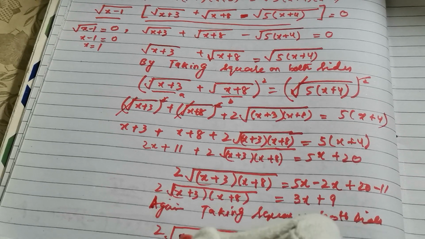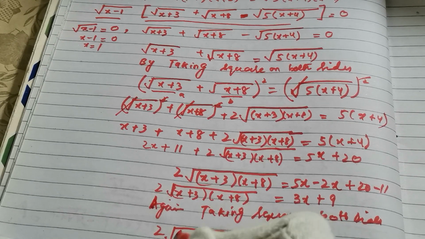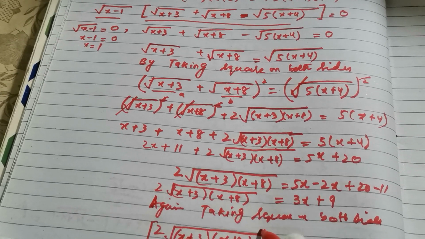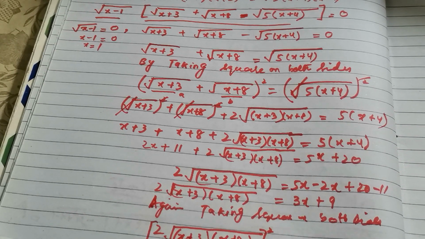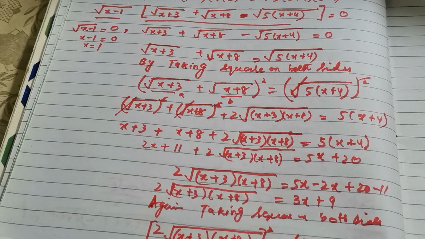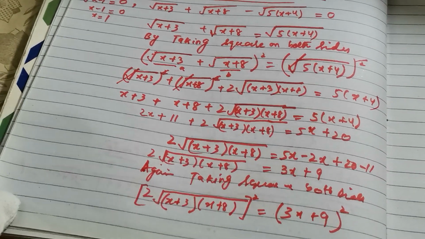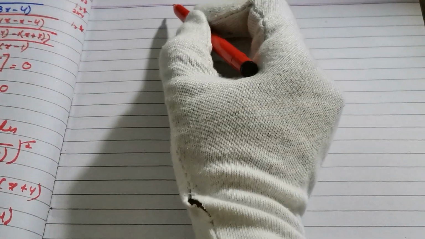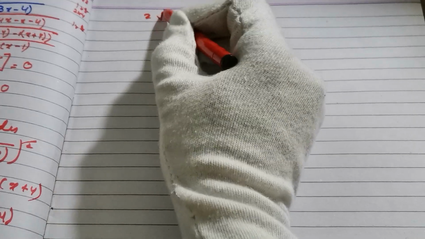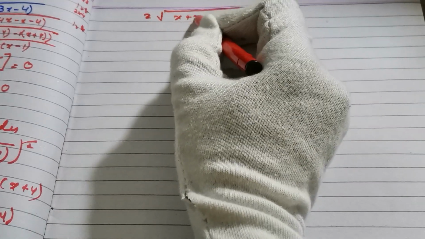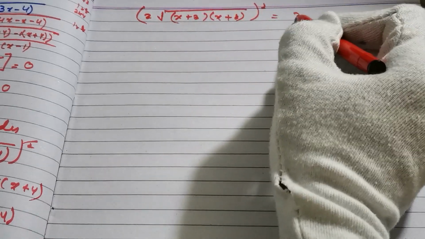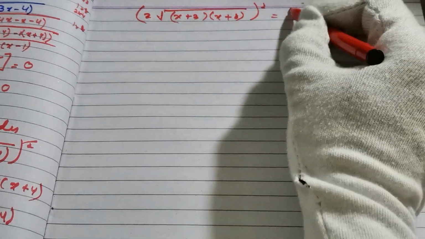What we get? 2 under root x plus 3 into x plus 8, whole square, is equal to 3x plus 9, whole square.